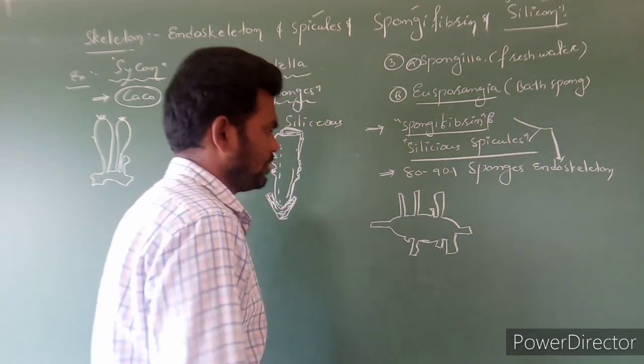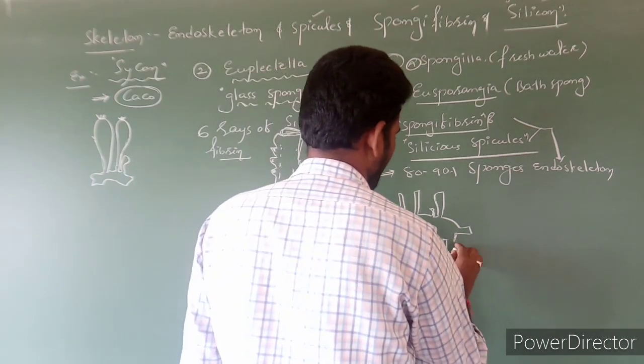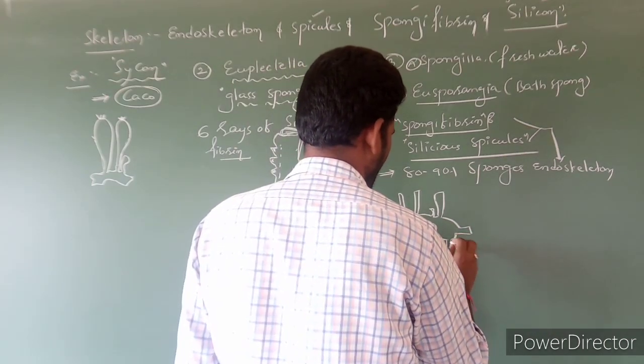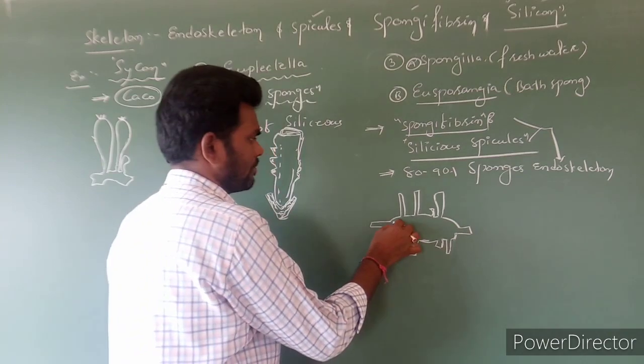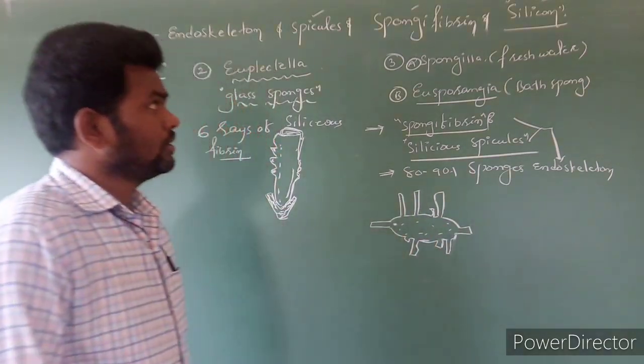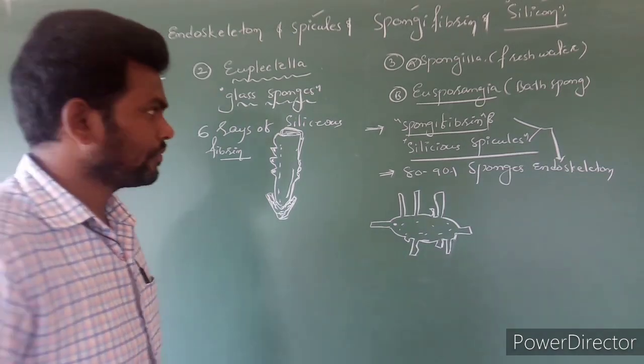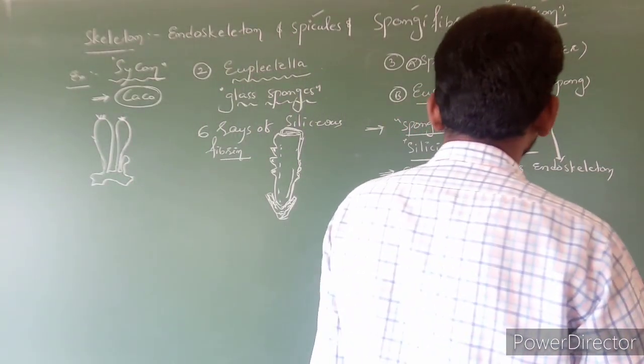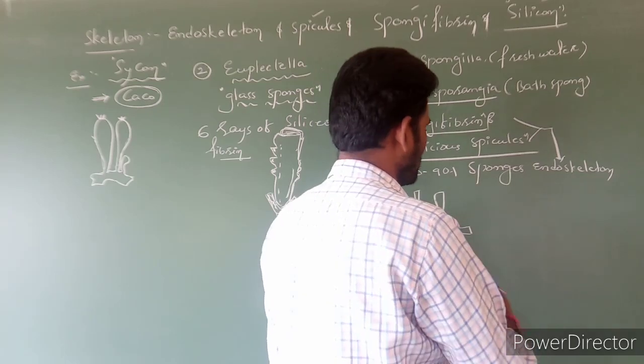This is Spongilla, the freshwater one. Next one is the bath sponge, also called Euspongia.